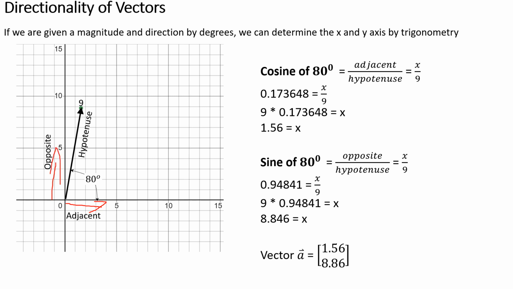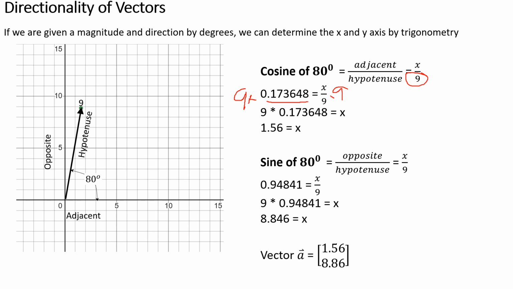So I can actually use vector analysis with trigonometry. The cosine of 80 degrees, remember, cosine is adjacent over hypotenuse, and I've got a hypotenuse of 9. So the cosine of 80 degrees is 0.173648. I multiply both sides by 9.